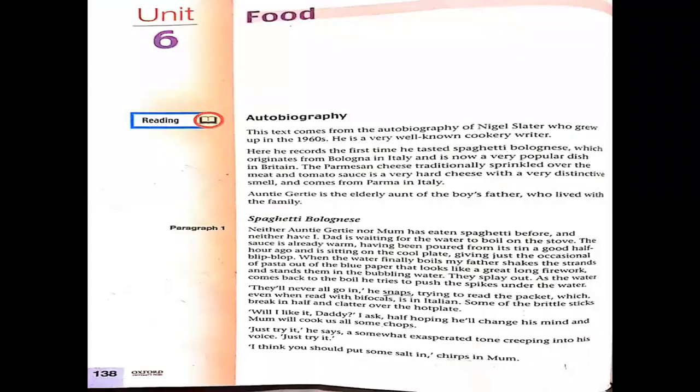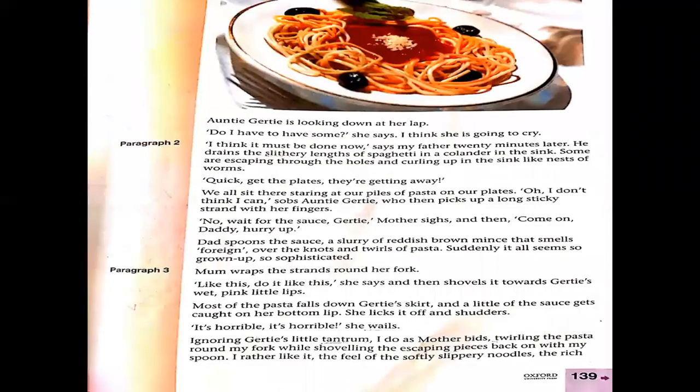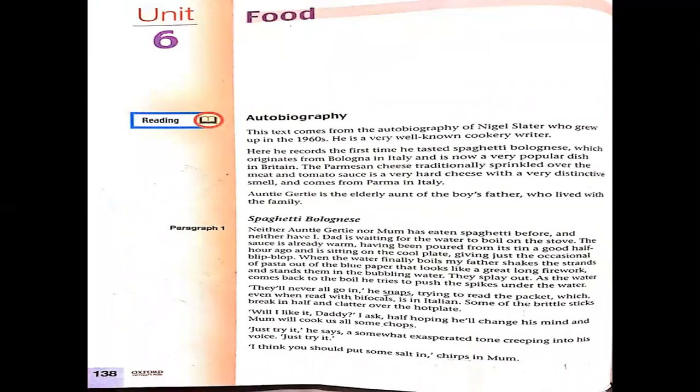Okay, so yesterday we learned about paragraph 1 and paragraph 2. It's an autobiography by the writer Nigel Clear, who is telling about the experience when he and his family tasted spaghetti for the first time. It's an autobiography, that's why the writer uses the first person pronoun I. The characters mentioned in the text are the writer Nigel Clear himself, his father, his mother, and Auntie Gertie, who is the aunt of his father.